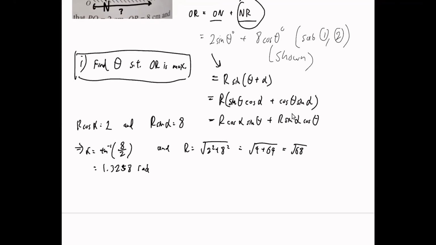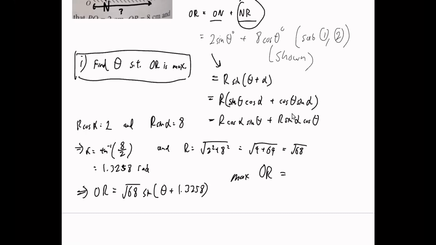Good. So actually, by now, you should know what's the maximum value of OR, right? OR equals to square root 68 multiplied by the sine of theta plus alpha, in this case, 1.3258. So what is the maximum value of OR again? Say again.